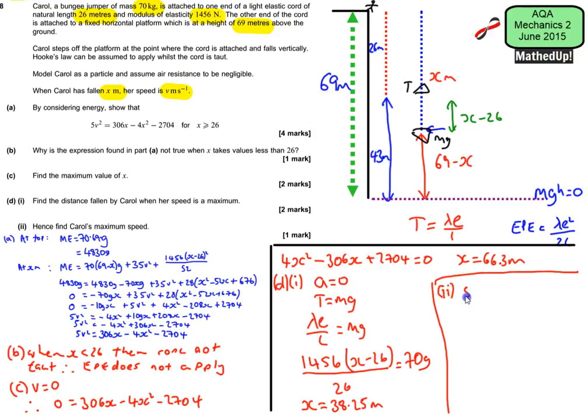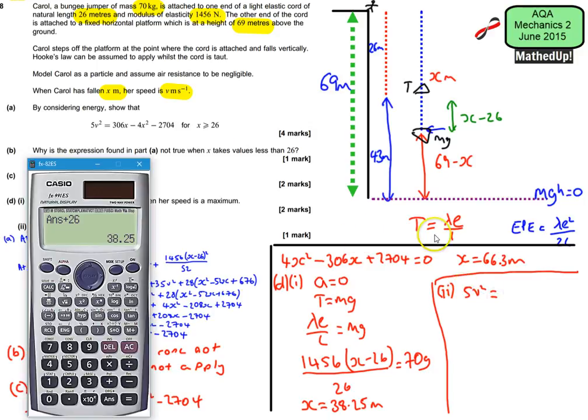So I can work out 5v squared, because that's going to be equal to 306 times my answer, take away 4 times my answer squared, take away 2704. Remember that answer's just stored as 38.25, and that equals 3148.25.